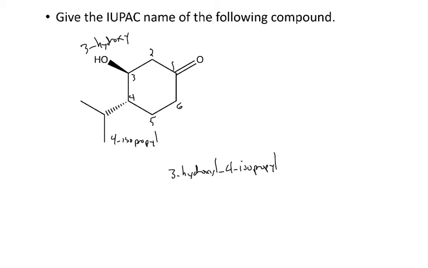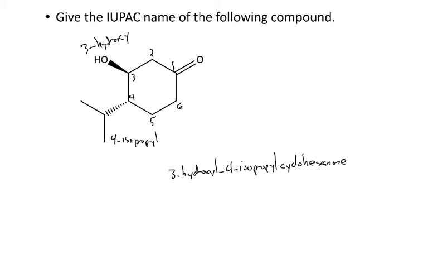And then normally we have to give the position of ketones if we have a straight chain alkane, but in this case, because the ketone has the highest priority and it's cyclic, it's understood that that's going to be number 1. So if the number is understood, I can leave it off. So then it's going to be cyclohexanone.